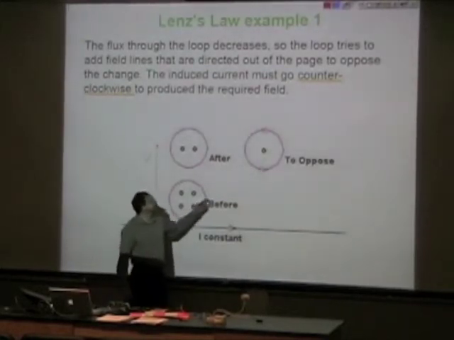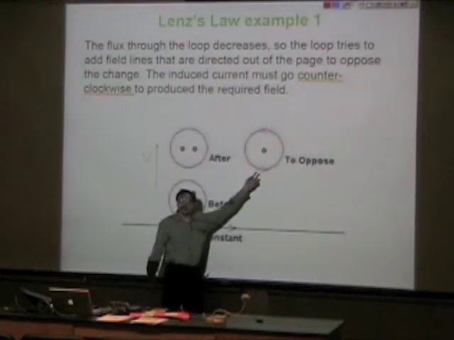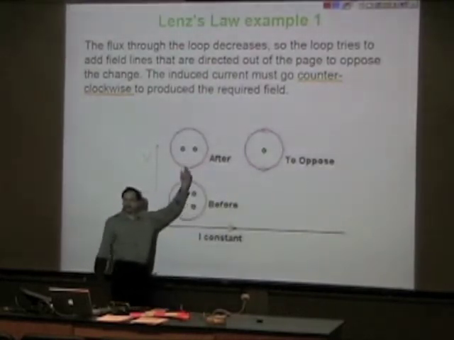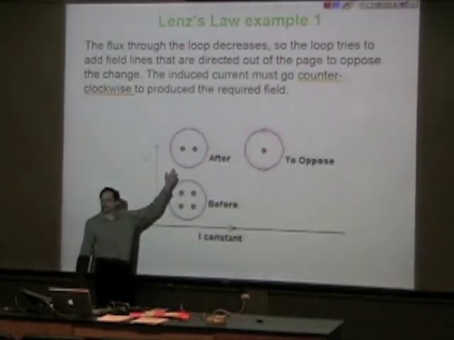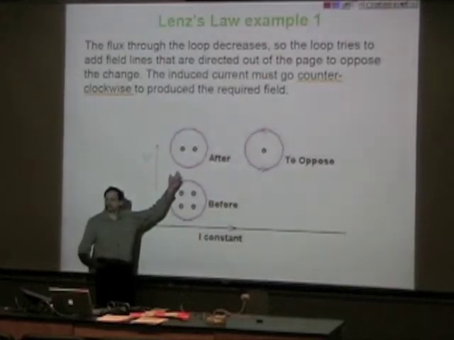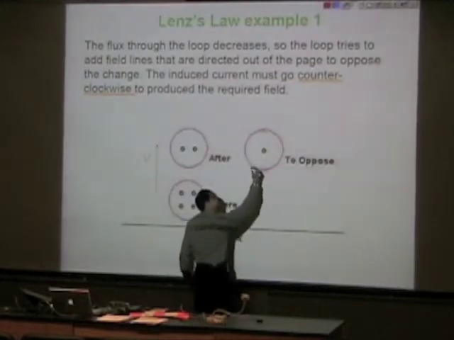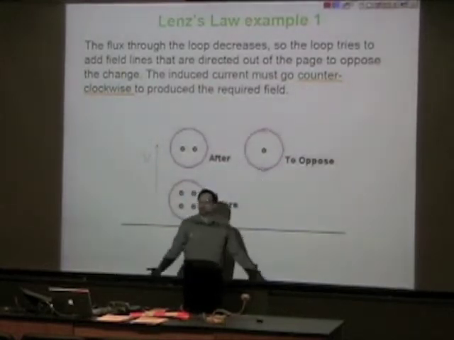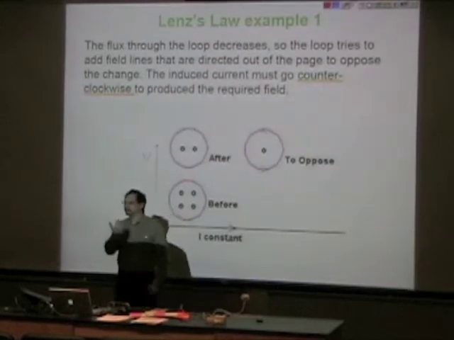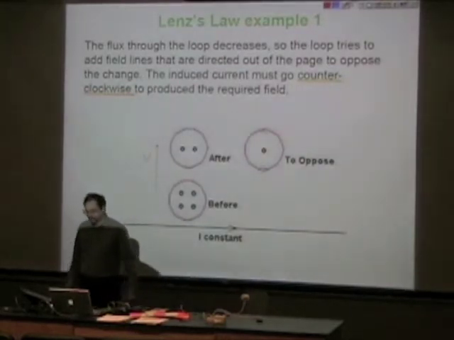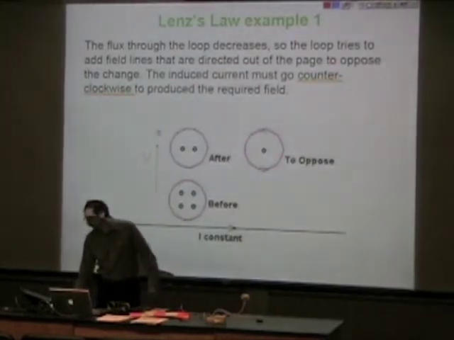So in this situation, the induced magnetic field has the same direction as the external magnetic field. It supports it, so as to slow down the change. And now, if the induced field points out of the screen, the right-hand rule again gives us immediately the direction of the induced current: counterclockwise. You can stop me at any time and ask any question.